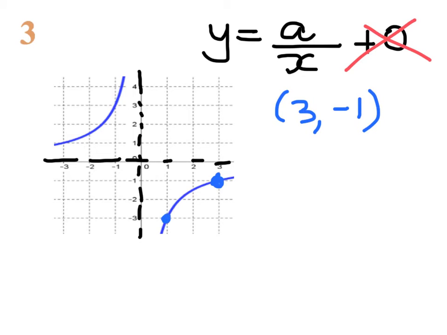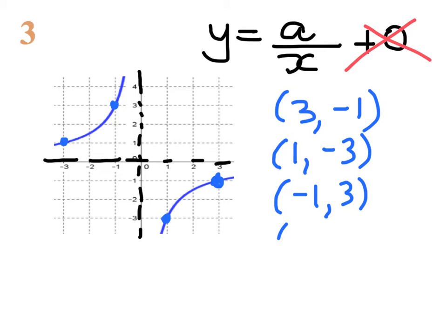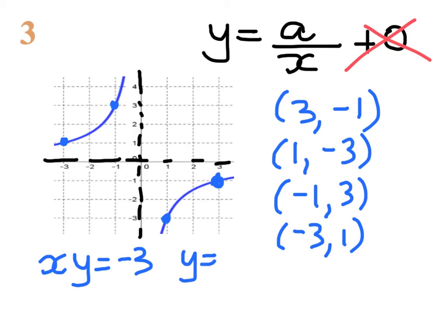Here's another one at 1 and -3. So you should be getting suspicious about this by now, because we've got two more points, -1 and 3, -3 and 1. In each case, the x times the y equals -3. So that's a nice easy way to work out that the equation is y equals -3 over x.